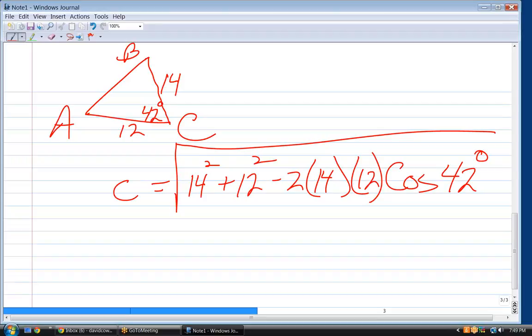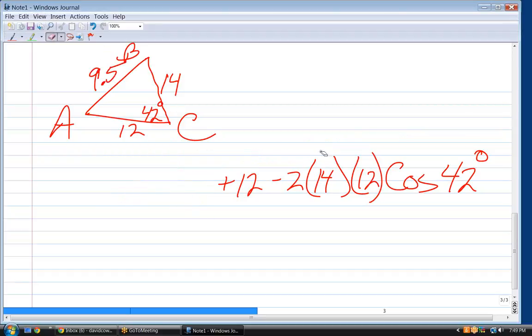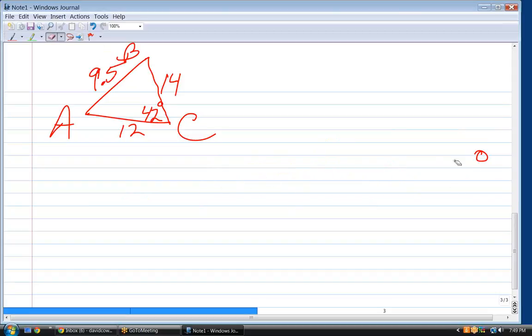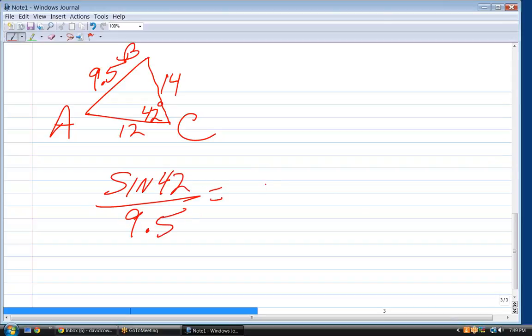So that gives us 9.5. Okay. Now what? Now we would do sine of 42 over 9.5 equals sine of A over 14.